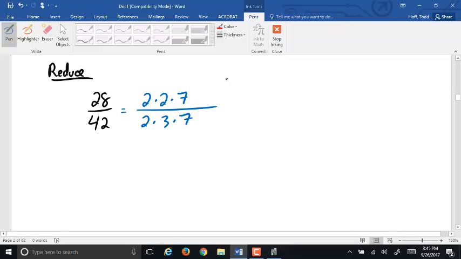Anything they have in common can be canceled out or divided out. When we reduced that, the first thing we did was divide by 2. We can cancel out the 2 that's in common. The next thing we divided by was 7. We can cancel out the 7. What's left is 2 over 3.